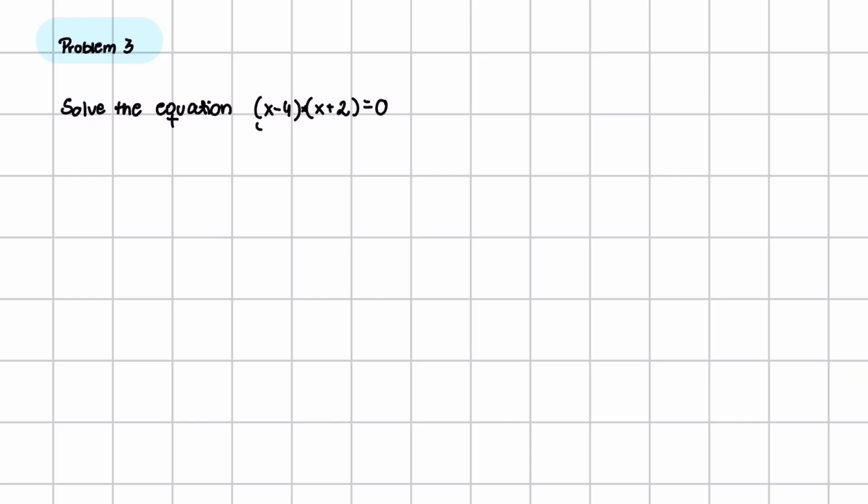So our first bracket has to be 0. So x minus 4 has to be 0, or our second bracket has to be 0. So we write the or sign, and x plus 2 equals 0.